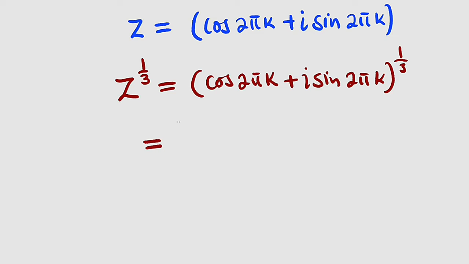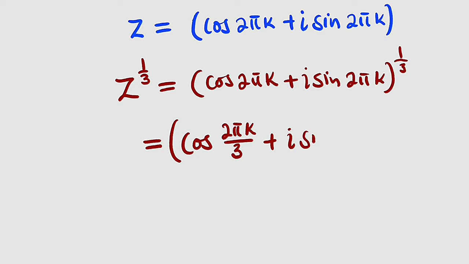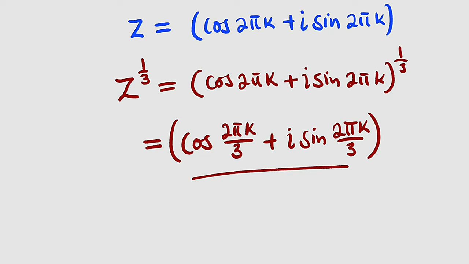So this becomes cosine of 2 pi k divided by 3 plus i sine of 2 pi k divided by 3.